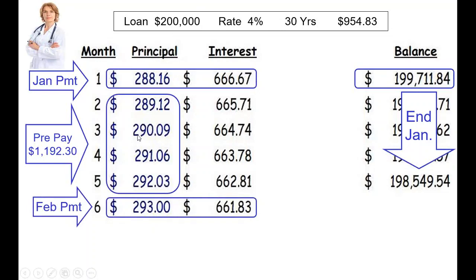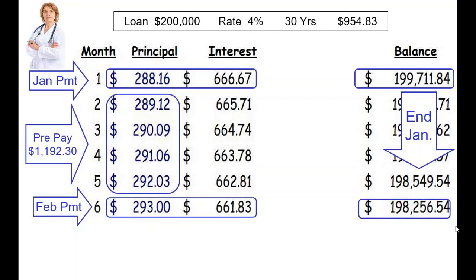So they received these four principal amounts. Yes, they did. And they received then our February payment. This principal amount and this interest amount down here. Okay, they received all that money. Is that right? Yes, that is correct. So now at the end of February, we owe this amount down here, this $198,256.